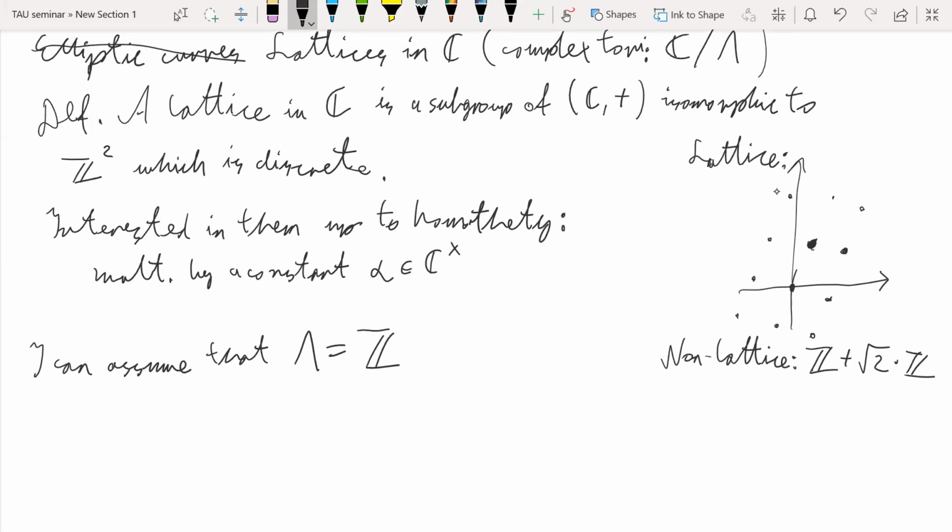So I am multiplying by the inverse of this element, so that this whole line is scaled and rotated, so that this element goes to 1, and we have Z here. And then the other generator is going to be some tau Z.